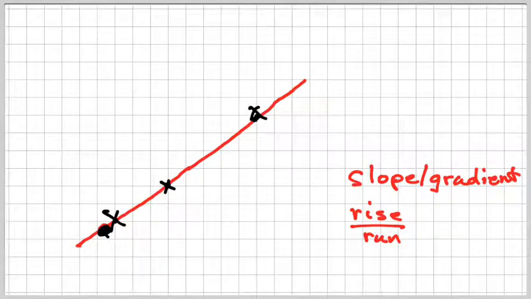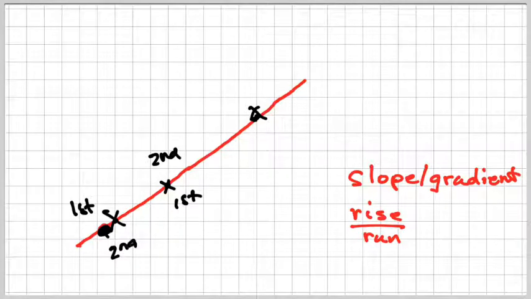So now all I'm going to do is count from the first point down here to the second point up here. Or I could call this one the first one and this is the second one. That just means to get from the first one to the second one, I have to go up and then to the right. You've got to walk along straight lines.